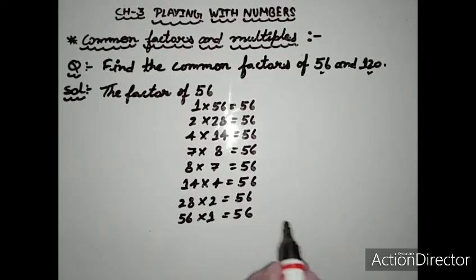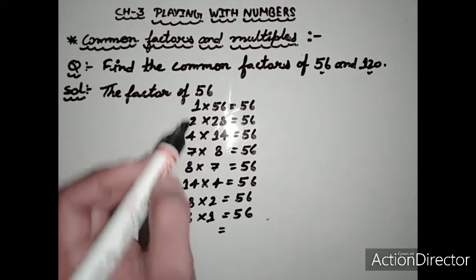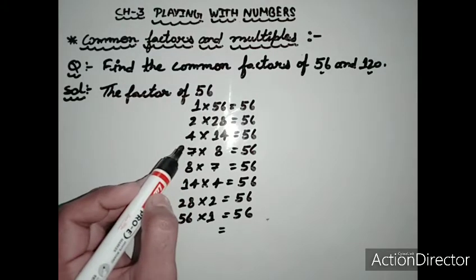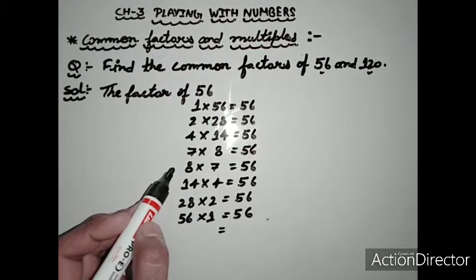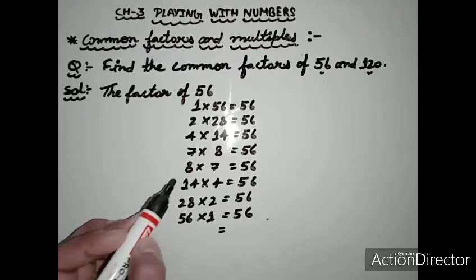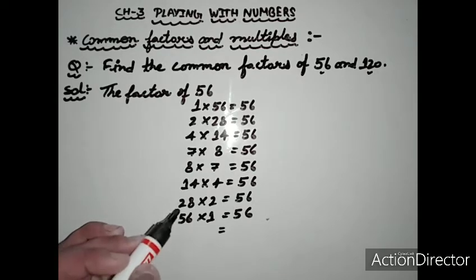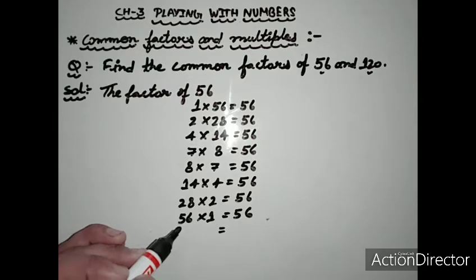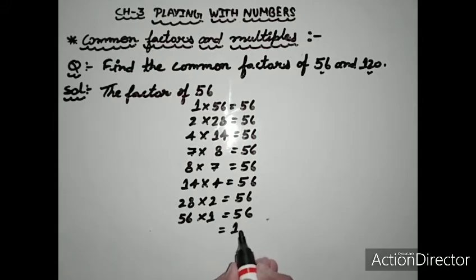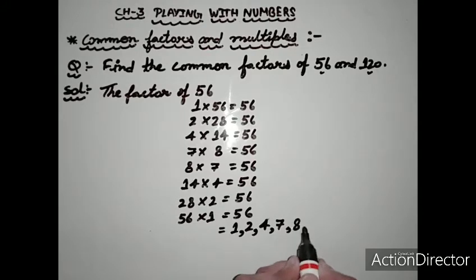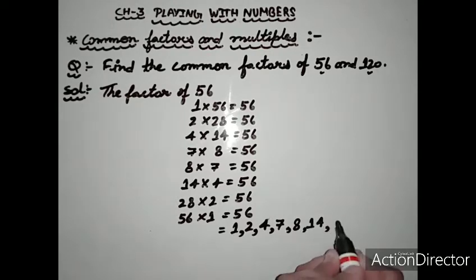So what are the factors of 56? We write the factors of 56: 1, 2, 4, 7, 8, 14, 28 and 56.